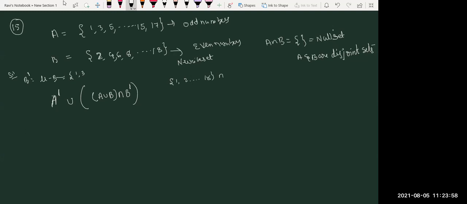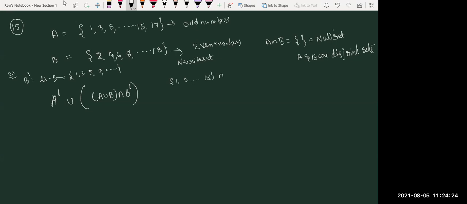Even numbers or odd numbers? B is even, so odd numbers will come. We'll get only odd numbers, right? Because all the even numbers we have to subtract. Correct or not? Yes, sir.